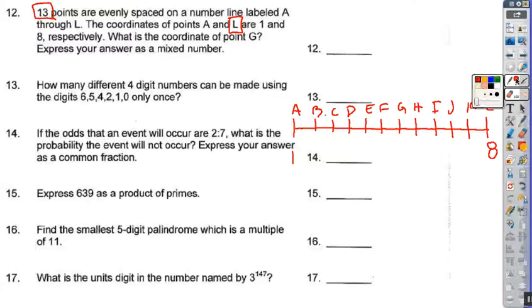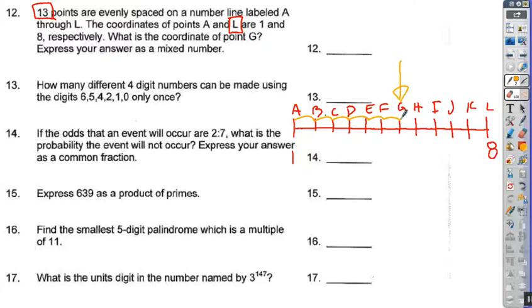And on my number line, I clearly see that G is, well, how far is G from A? It's 1, 2, 3, 4, 5, 6. So I've jumped 6 spaces over, right?